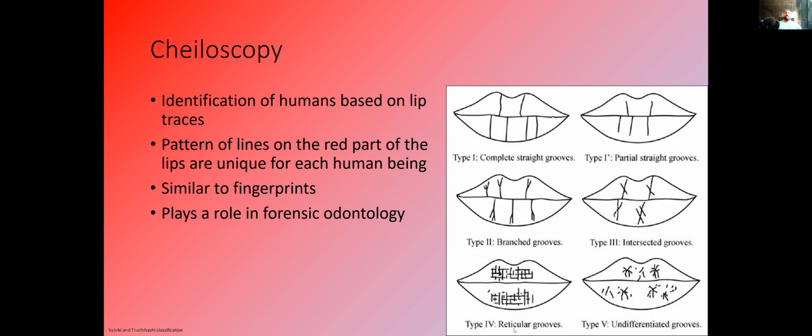This is a classification called the Suzuki classification, and there are basically 6 different types of lips. If you look at these pictures, some of you are probably not familiar with this study, or that lips can be used in forensics, but I'm sure some of you will have seen these kinds of real patients where they have certain lip lines that look like this.